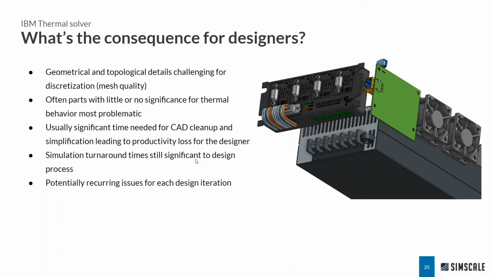Good. The consequence for designers is essentially that some of these geometrical and topological details are really challenging to mesh. And even if you get them meshed, they are often not really significant for the thermal behavior of the system. So it still hurts to spend a lot of mesh cells that in the end relate to computation resources and time on these components that are not important at all.